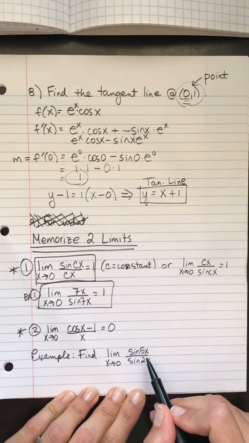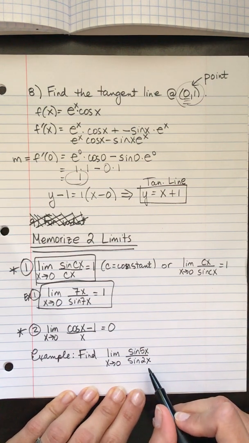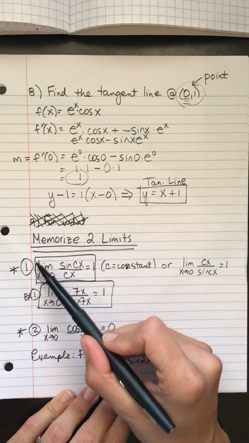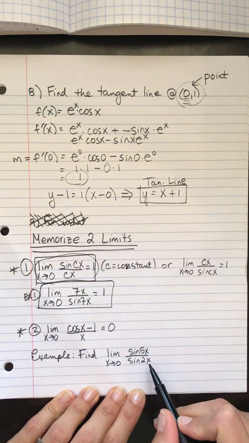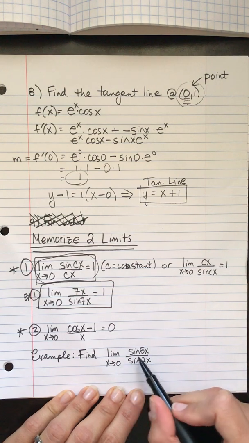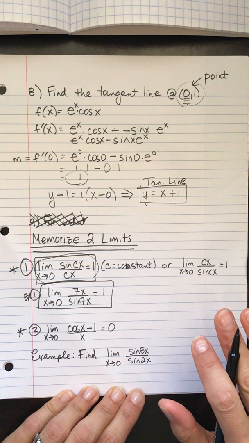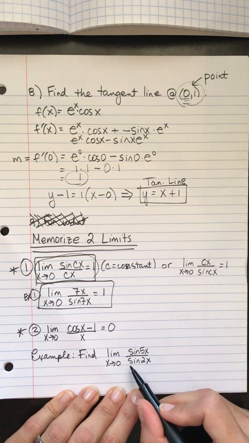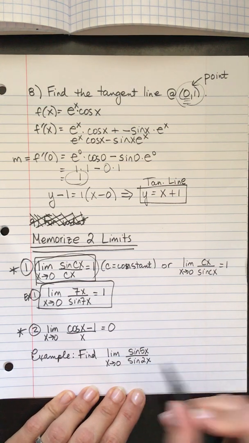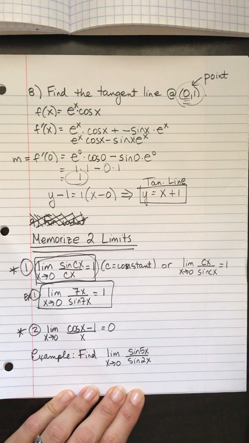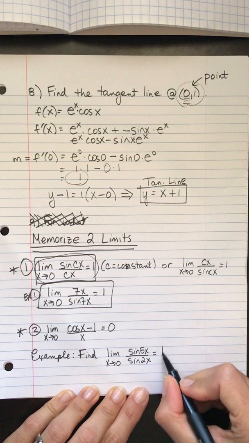It's not sine times 5x. It's not sine times 2x. This cannot be reduced. So what we're going to do is try to force it to look like this. The problem is, if this said sine 5x over 5x, we would be golden. I would say the answer is 1, but it doesn't say that on the bottom. Or if it said 2x over sine 2x, then I'd say the answer is 1. So I'm going to force it to look like that.